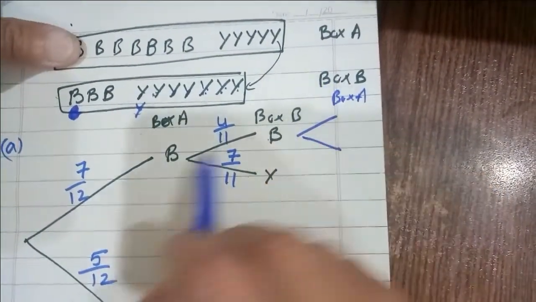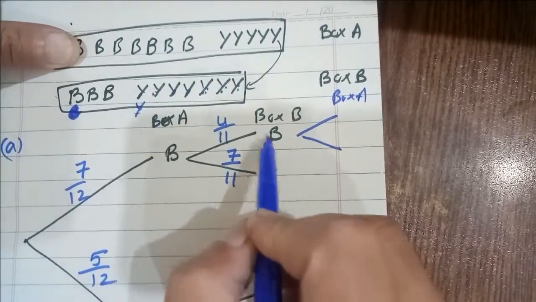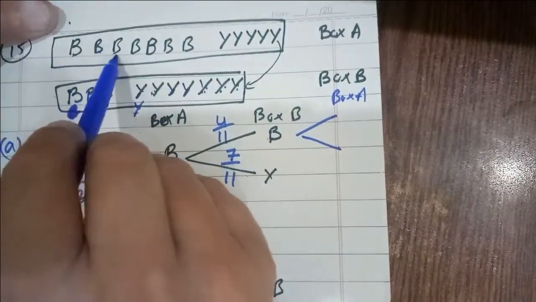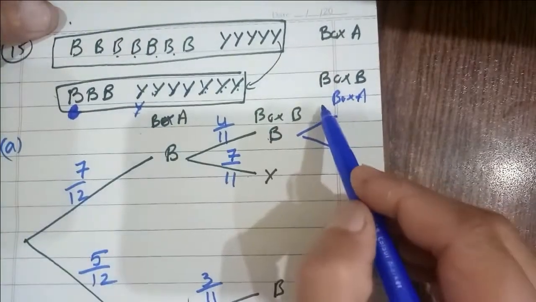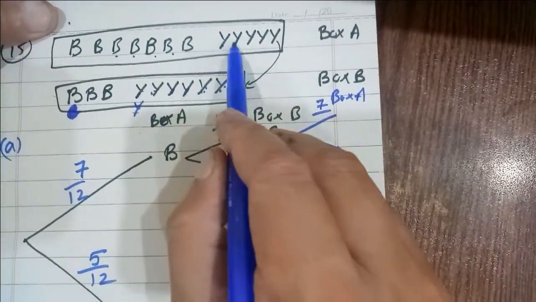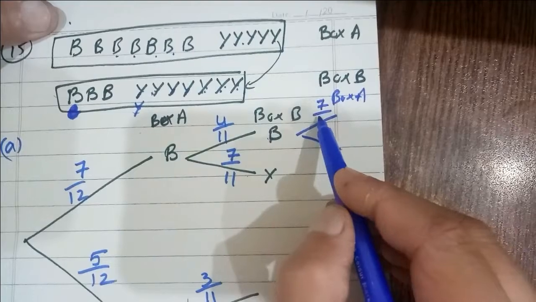So blue taken already in this and blue added. So this will be 1 2 3 4 5 6 7. So 7 over 12.